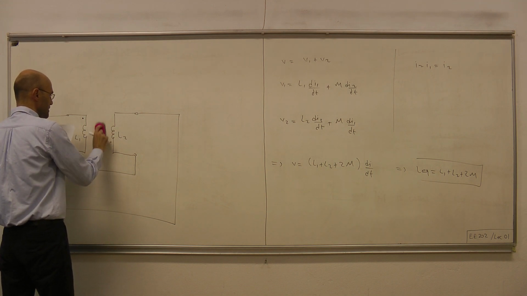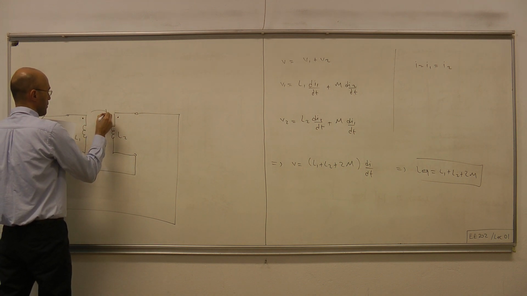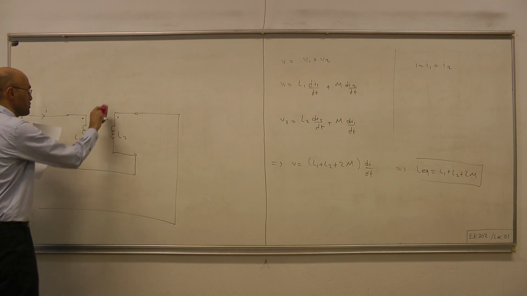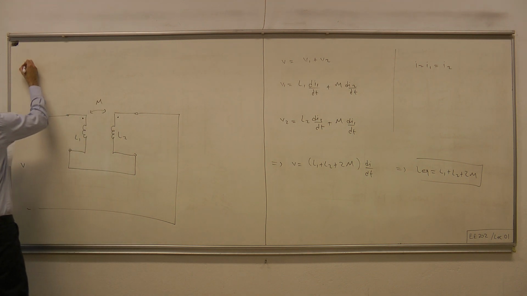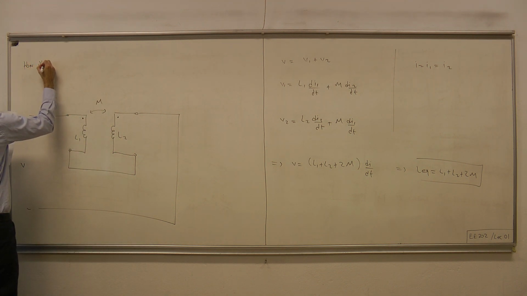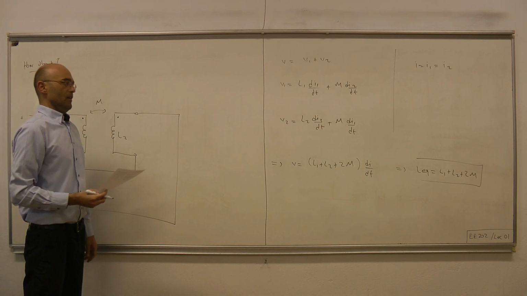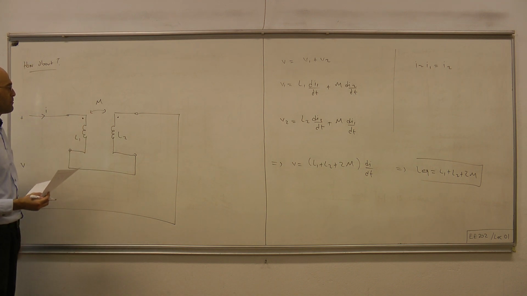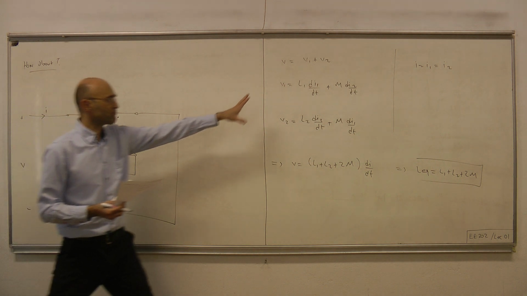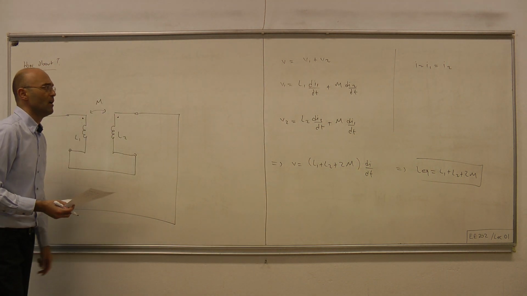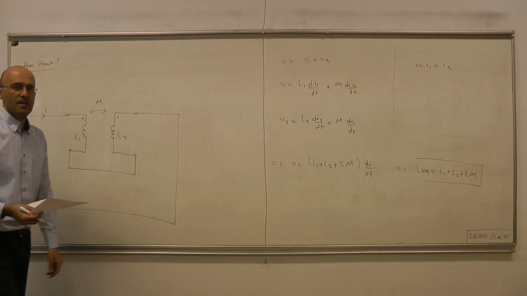Now the follow-up question is this. Suppose that the dots were situated as such. Now how about this case? Again, what you're going to do is the labeling: V1, V2, I1, I2, and then write down the terminal equations, and from that try to obtain V in terms of di/dt.